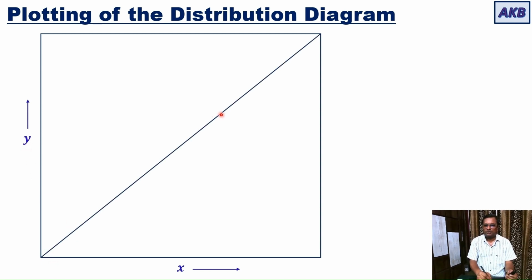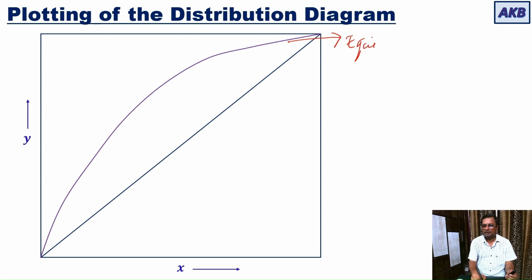So the diagonal line is drawn for reference, and the actual plot will give us this curve, and this curve is the equilibrium curve, actual plot. Whereas this is the diagonal line which is drawn for reference.